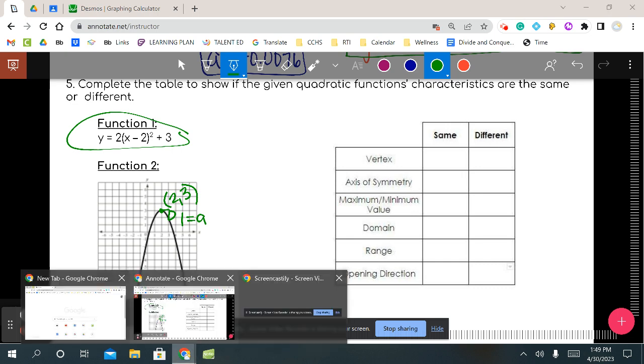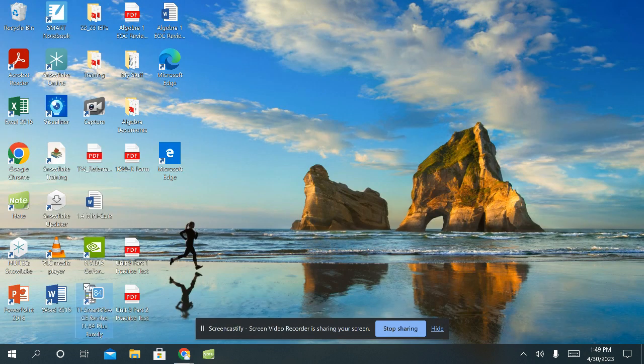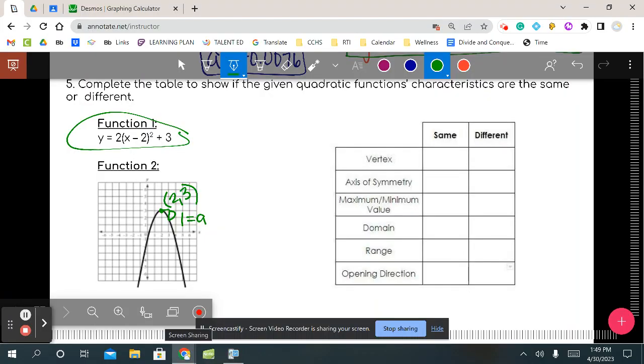Okay, give me a second, I'm going to pull up my graphing calculator. So what we are going to do is graph that first one in our graphing calculator, and then we're going to compare it.